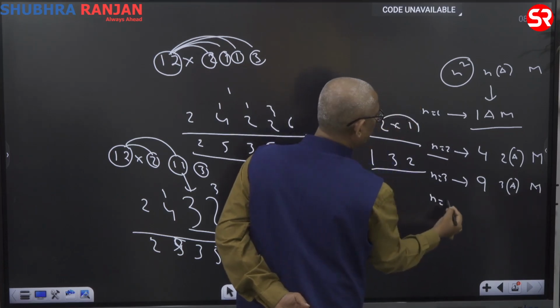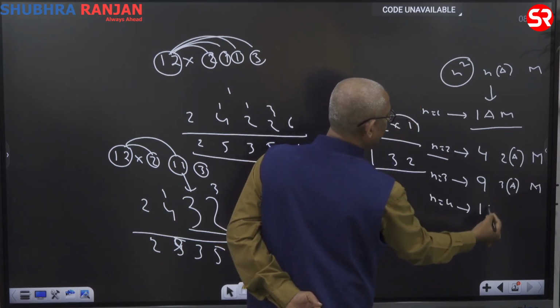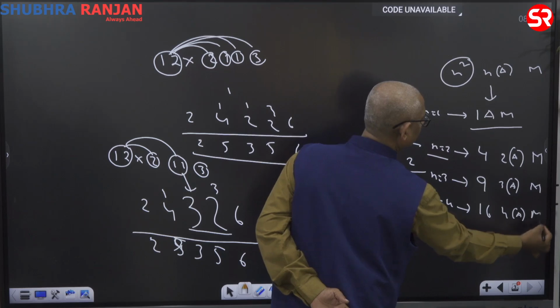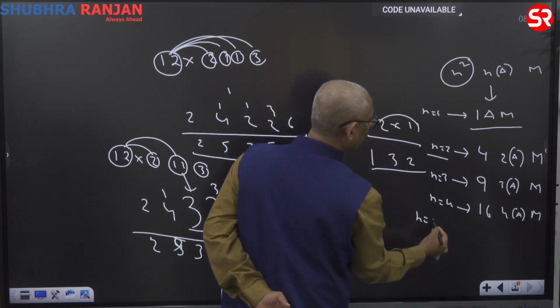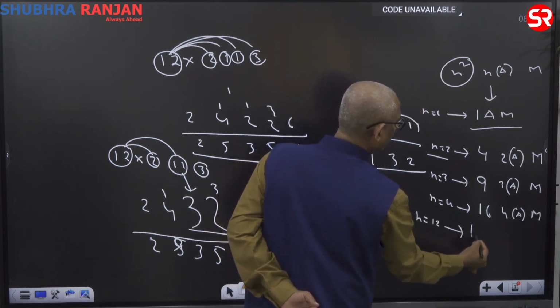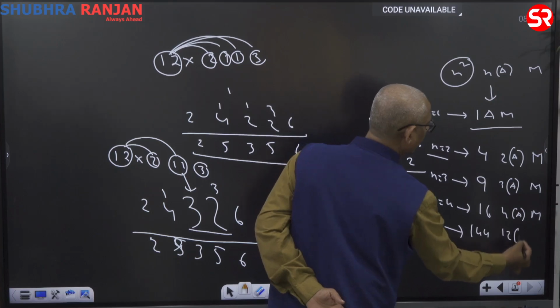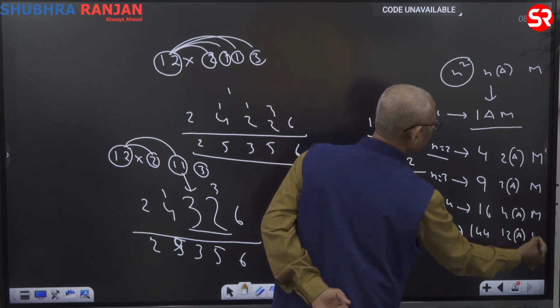N equal to 4: 16, 4A, and then M. N equal to 12: 144, 12A, and then M.